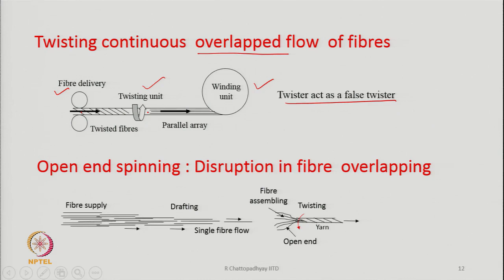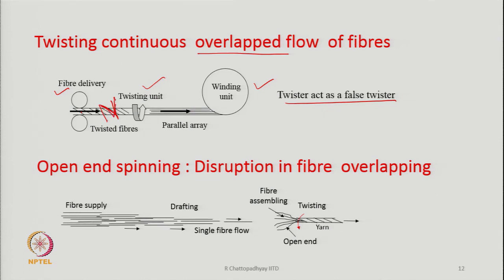So, there is a continuity and there is an overlapping of fibers. As a result, whenever the twisting unit starts putting twist, on the left hand side if we get Z twist, on the right hand side we will get S twist, but then the yarn is flowing continuously.